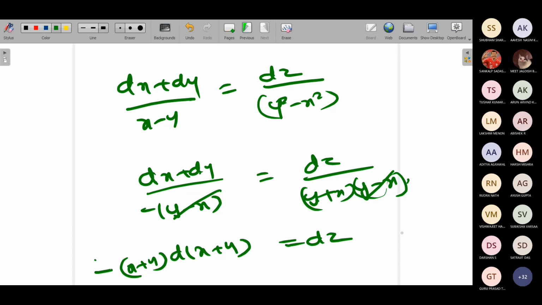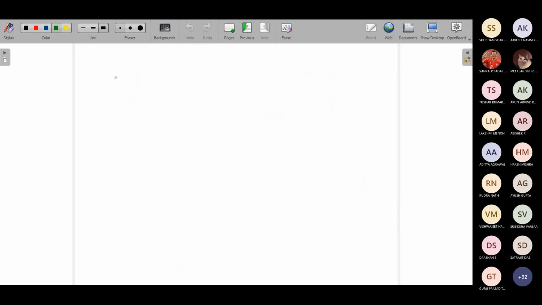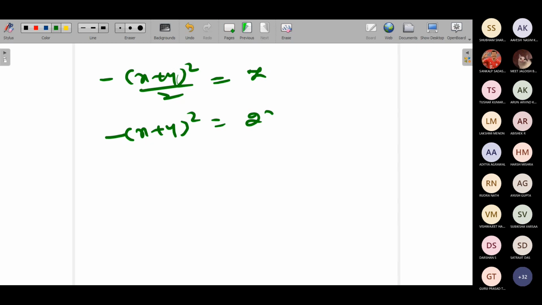You will get minus of x plus y the whole square by 2, correct? Let me check, wait. So minus of x plus y the whole square by 2 is equals to z. So this will be of the form minus of x plus y the whole square is equals to 2z. No, this form is not correct actually. You cannot differentiate this directly like this. You can even write it as d of x plus y plus z.